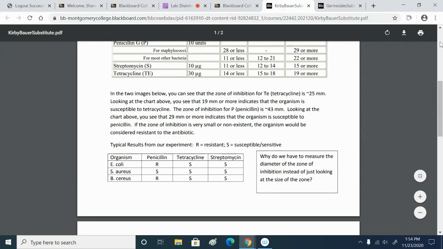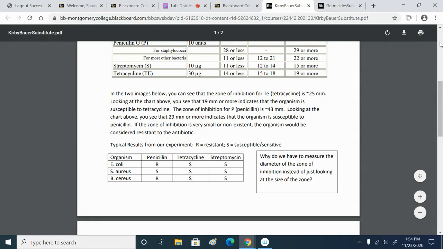Well, tetracycline is broad spectrum and targets tRNA. So it interferes with protein synthesis, right? Same thing for streptomycin, although tetracycline is broad spectrum and streptomycin is narrow spectrum, but they both target protein synthesis.